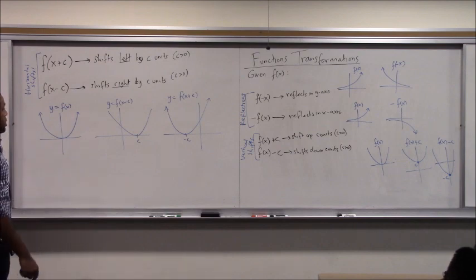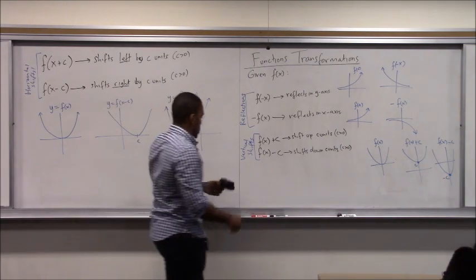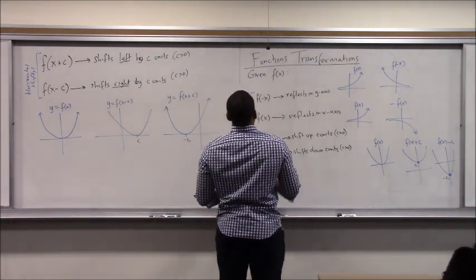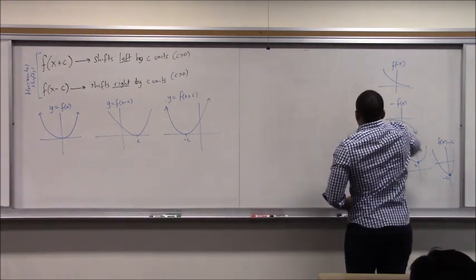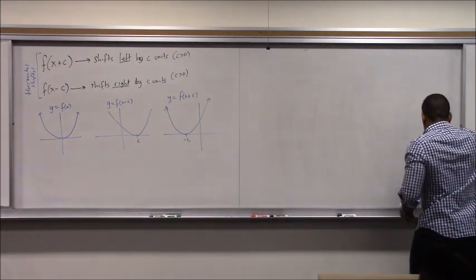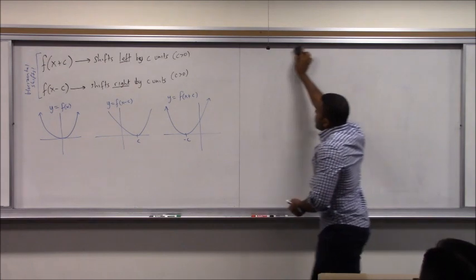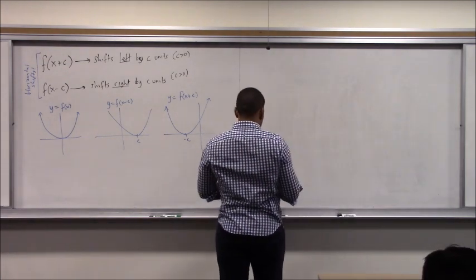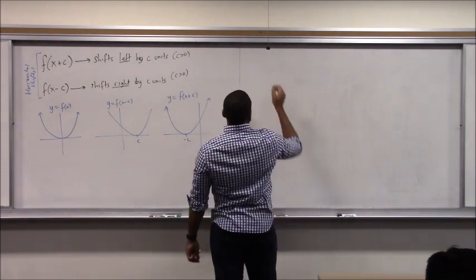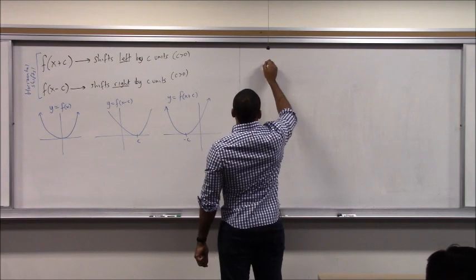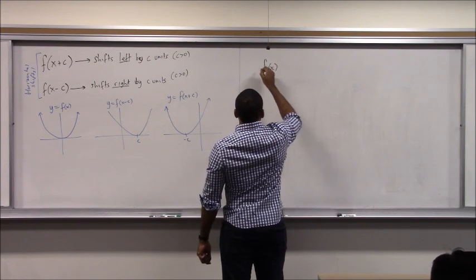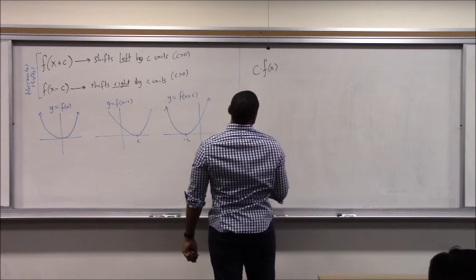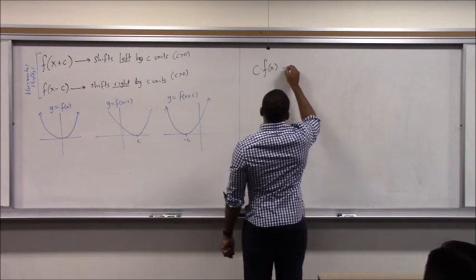So you can have reflections, you can have shifts, either vertical or horizontal. The next kind of thing you can have is stretching. You can stretch things horizontally or vertically. So we can have f of x, and we can multiply it by a number c.